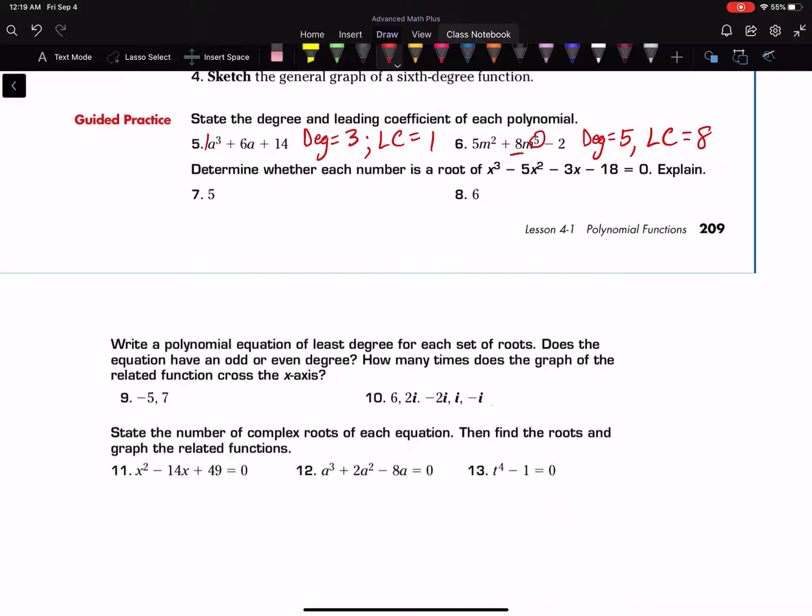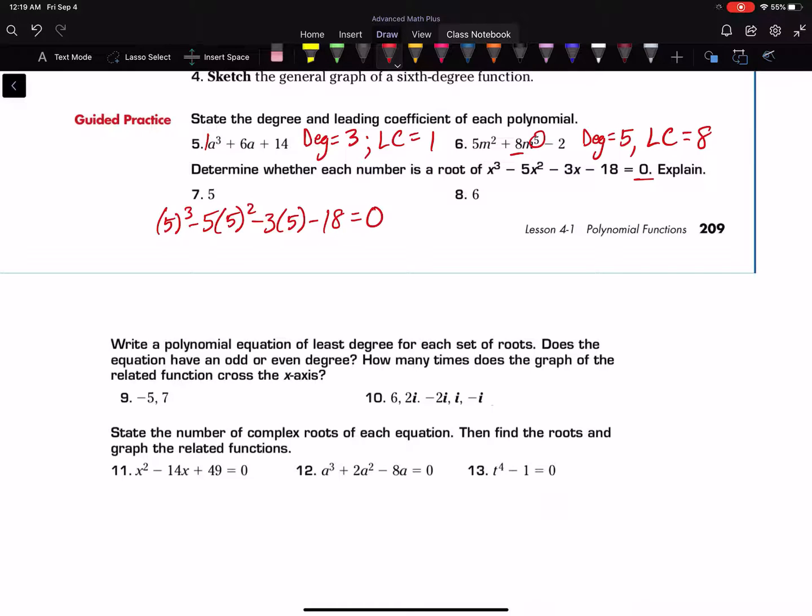Determine whether each number is a root of x to the third minus 5x squared minus 3x minus 18 equals 0. So if it's a root, it has to equal 0 when you plug it in. Okay, so with 5, I'm just going to plug it in. So we have 5 cubed minus 5 times 5 squared minus 3 times 5 minus 18.